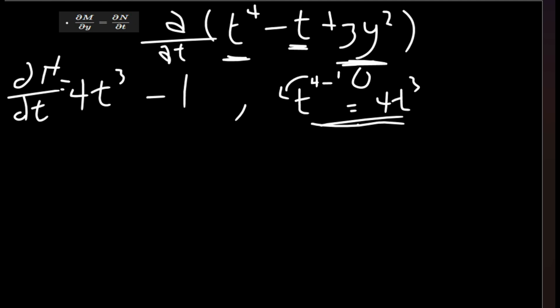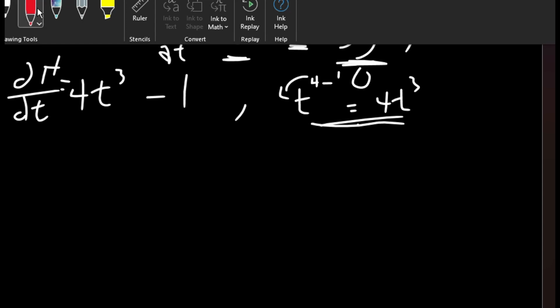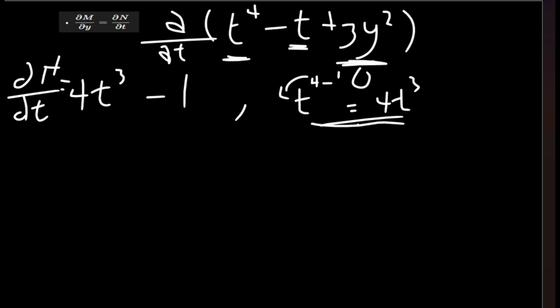Now we have the values for del N over del t and del M over del y. Comparing the two, we see that they both have 4t cubed minus 1. The N has 4t cubed minus 1, and the M also has 4t cubed minus 1.